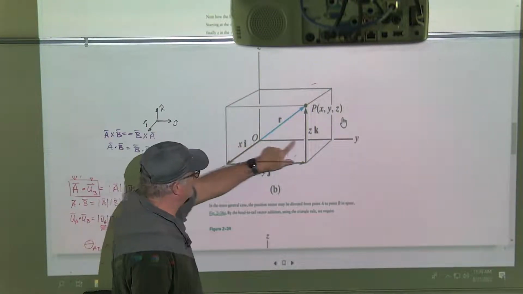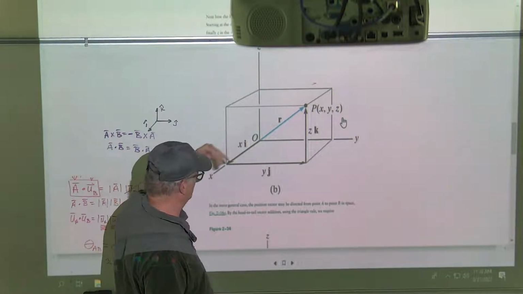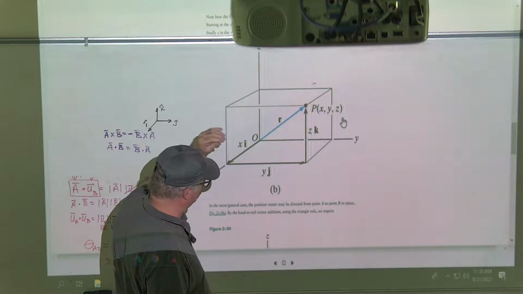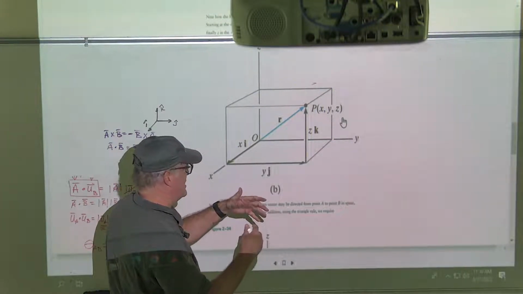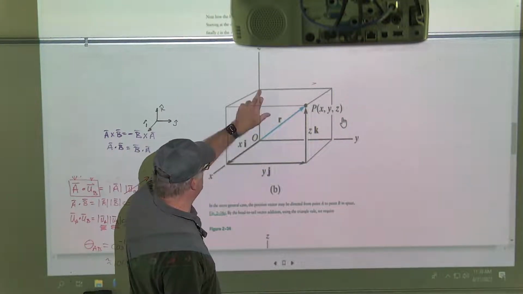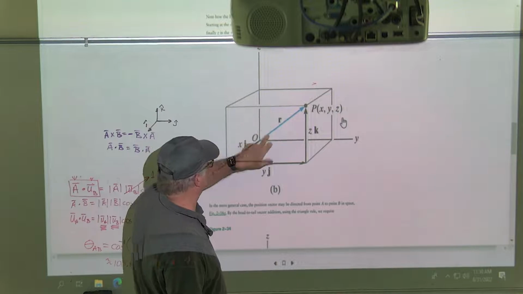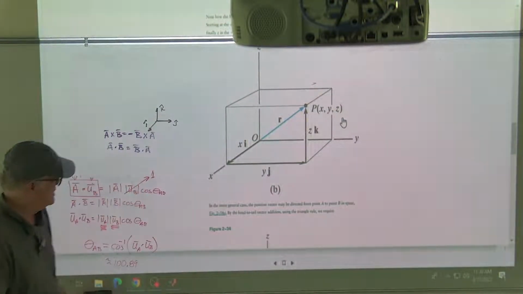It just doesn't matter. I can get there either way. I'm translating along the axis in a different sequence: X, then Y, then Z, or Z, then Y, then X. Doesn't matter, you get to the same spot.